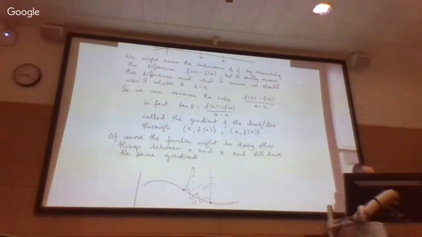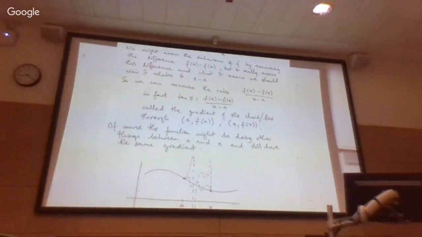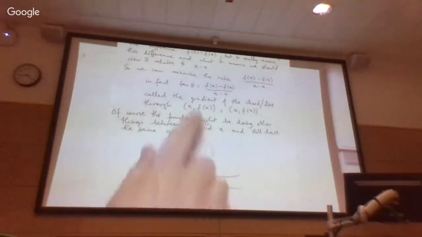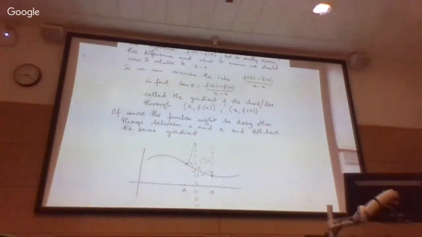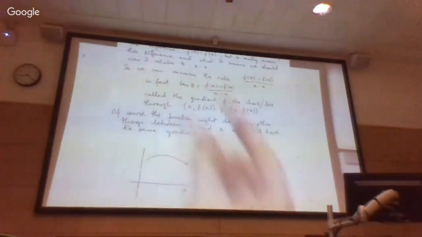But we want to capture the essential change, the essential nature of the function right at the point A. This is why I'm explaining it like this; it motivates the definition. We should look at this value of the gradient, but examine it as we let x get closer and closer to a.